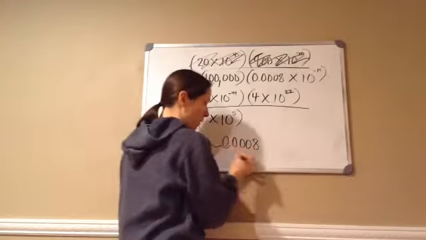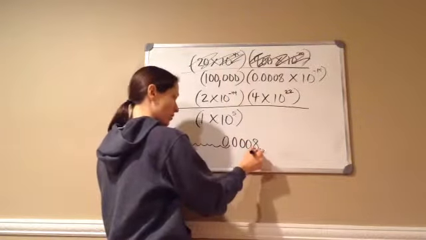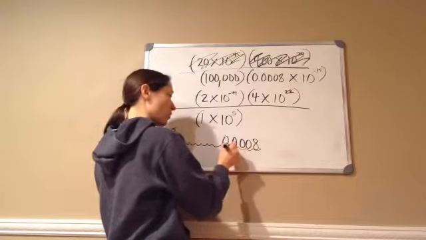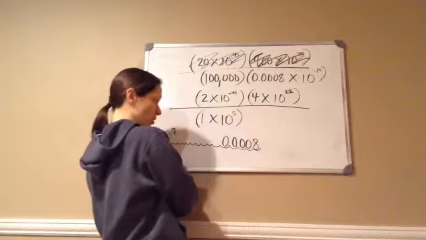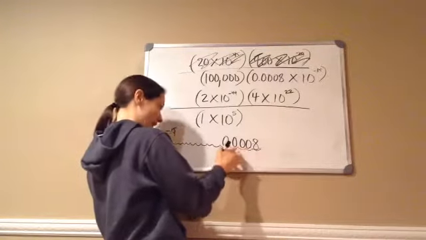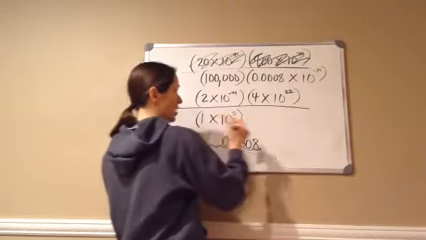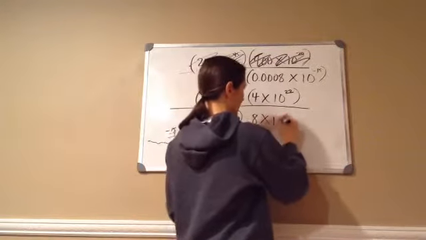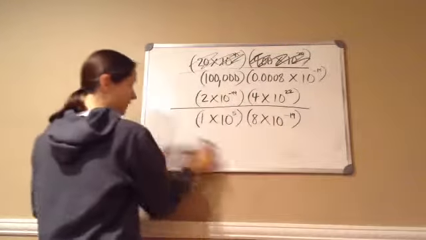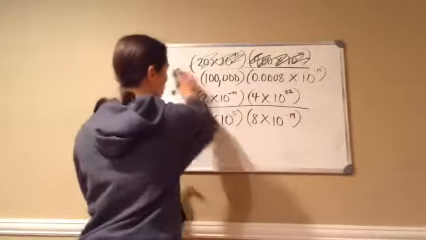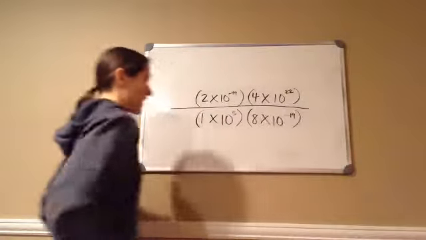But where do I want my decimal? Here. So 1, 2, 3, 4 more going to the left, so negative 4 more. Negative 15 plus negative 4 more would give me a negative 19. So this would be written 8 times 10 to the negative 19th power. Okay? And that becomes our new problem, with all scientific notations.